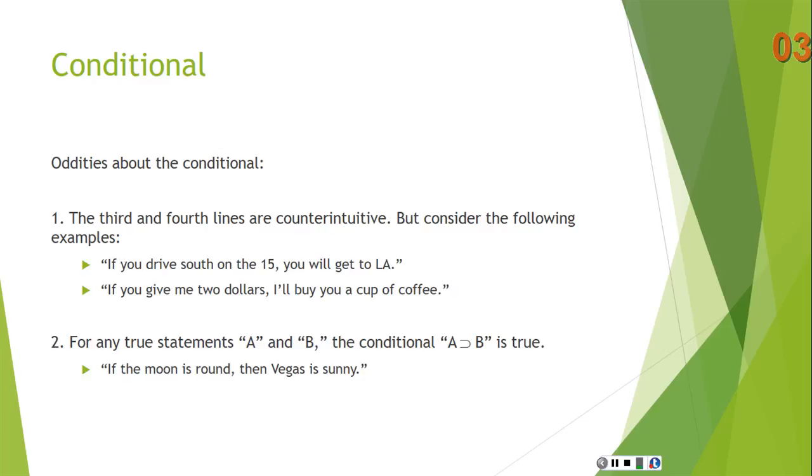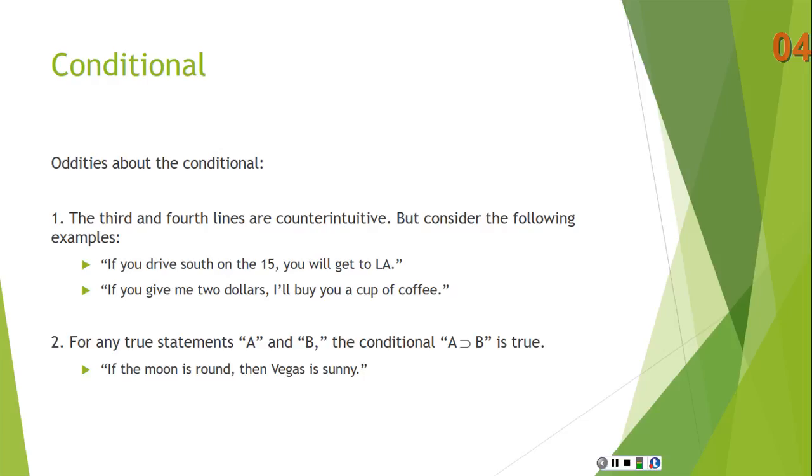What if I tell you if you drive south on the 15, you will get to LA. If it's false that you drive south on the 15, say you drive north, and then it's true that you get to LA. Say you took a really roundabout way. Have I lied to you? No, I didn't lie to you.